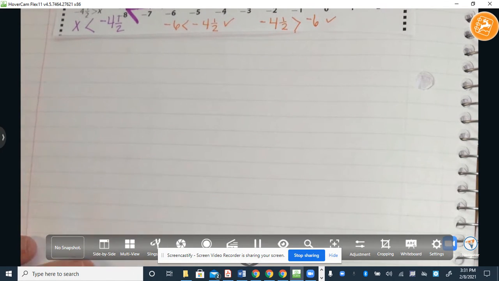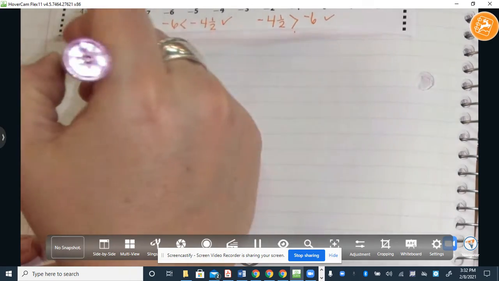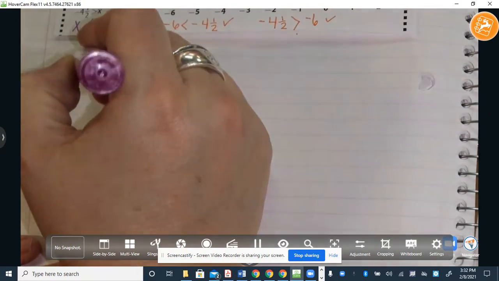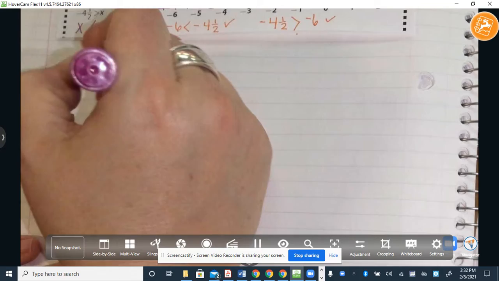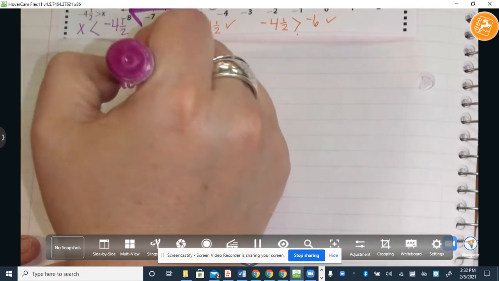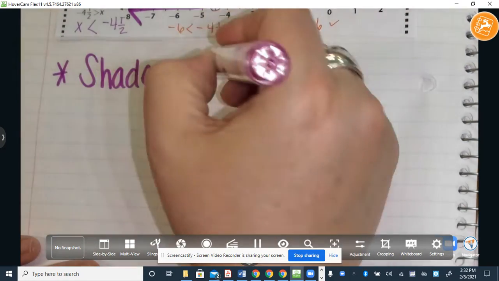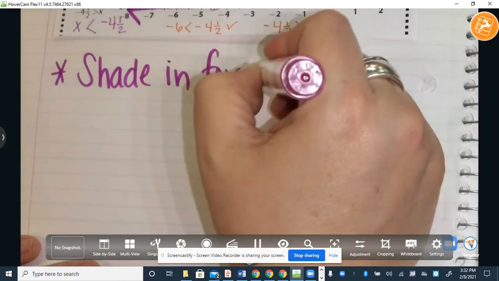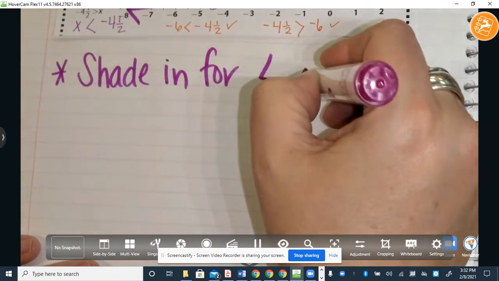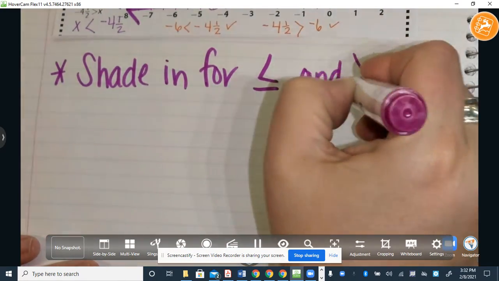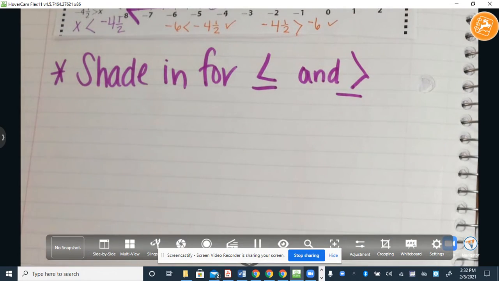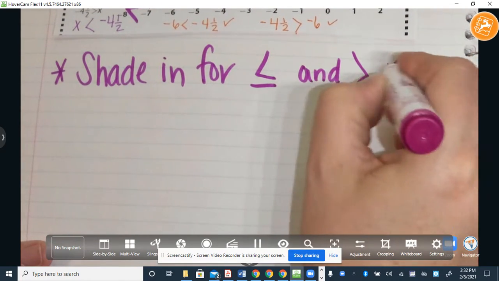So some key things for us to remember, so I want you to write down, is which inequalities we shade in for. So remember that we shade in for less than or equal to, and also greater than or equal to. So you always want to make sure that those are shaded in.